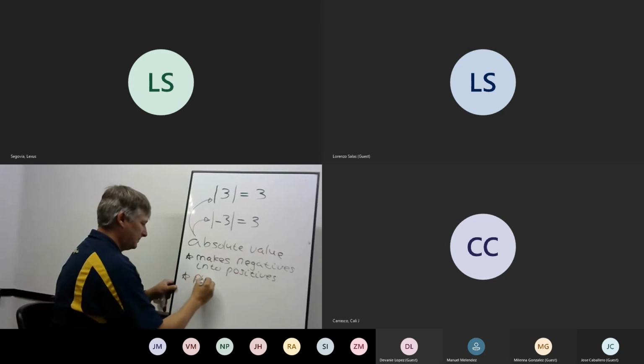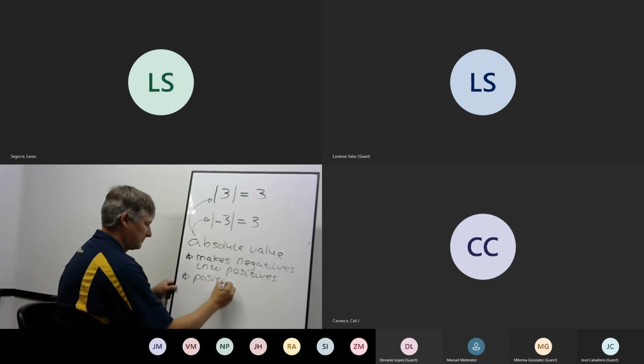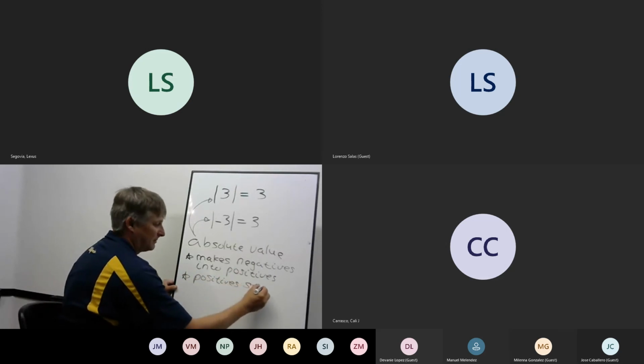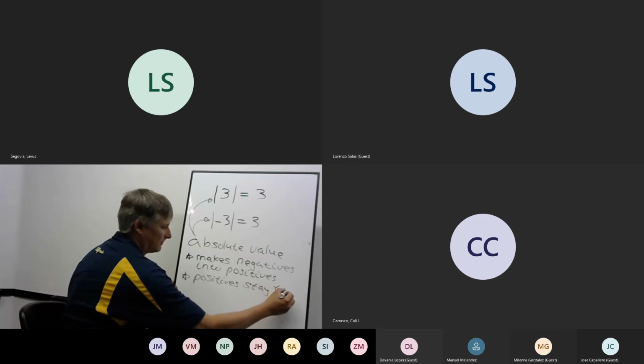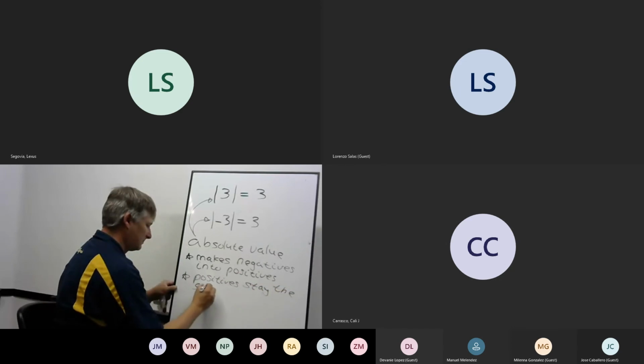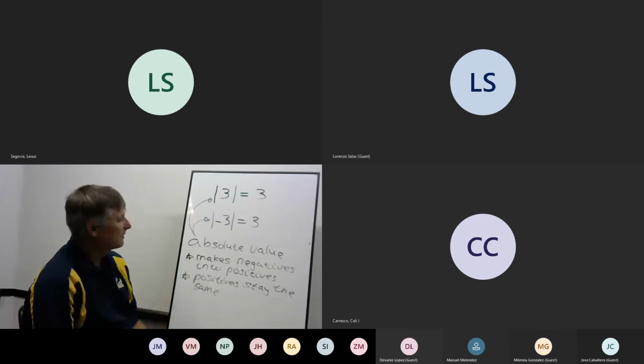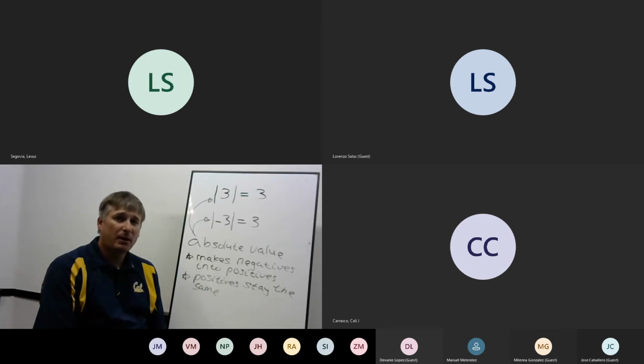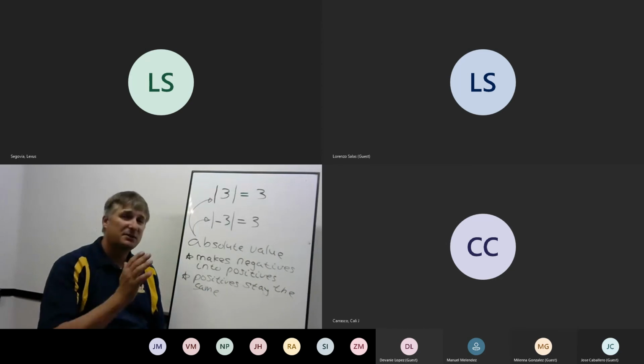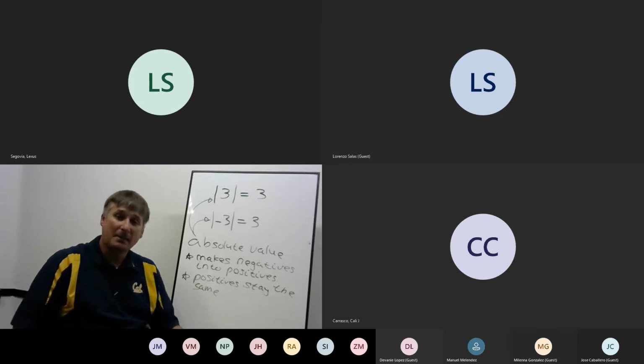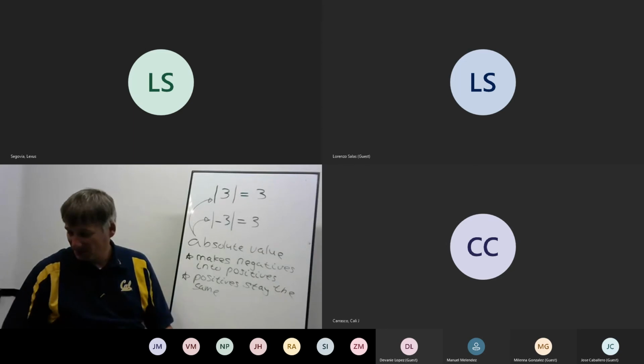And then positives stay the same. So negatives become positives, positives stay positive. That's absolute value.